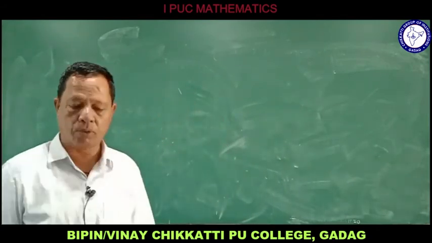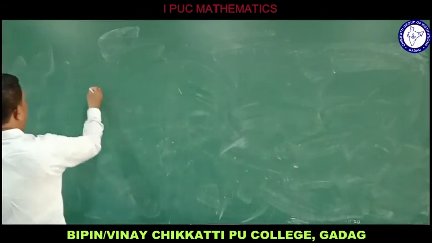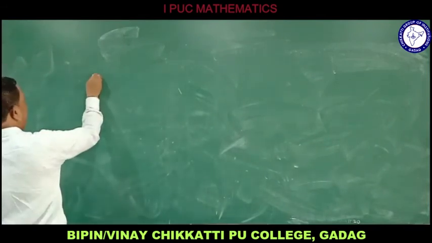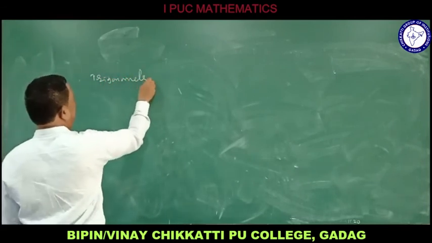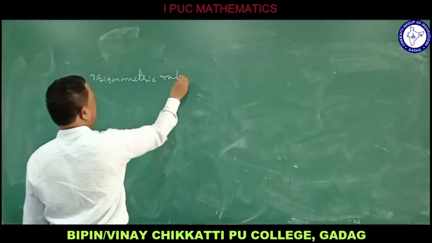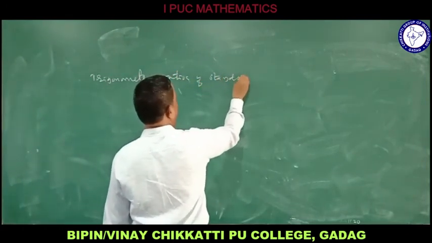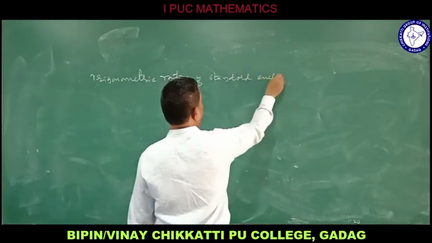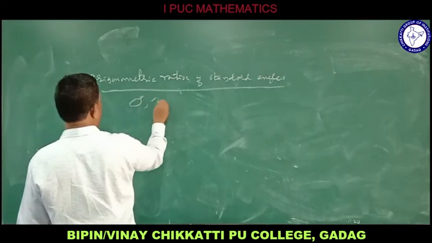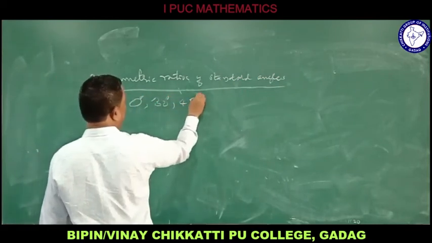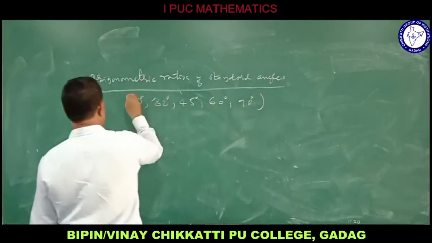I am not going to derive those results, I am only taking the results: trigonometric ratios of standard angles. Which are the standard angles? 0 degree, 30 degree, 45 degree, 60 degree, 90 degree. These are the standard angles.